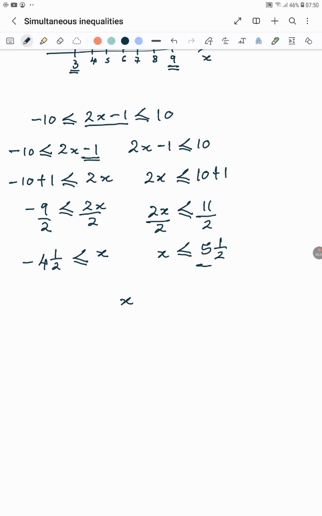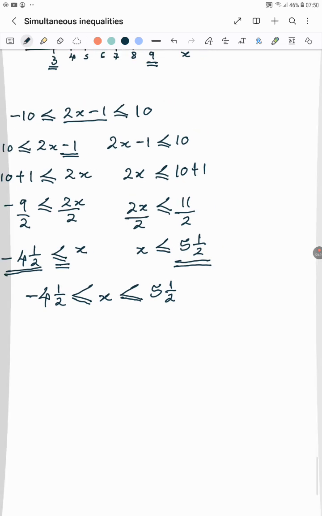You're going to realize this number is greater than minus 4.5. So minus 4.5 is going to be on the left hand side of x, and 5.5 is going to be on the right hand side, and you just take the signs as they are, because the relationship between the sign and x just stays the same in this case.